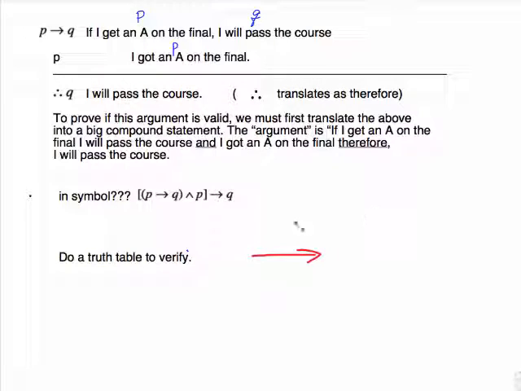Now let's explain this. This is if P, then Q, which was this right here, and P, and where the and comes from is that this whole argument goes together, this and this, and therefore I will pass the course. Now you might be wondering, where did this arrow come from? Well, therefore is the same thing as an if-then statement. And then we will do a truth table to verify this on the next screen.